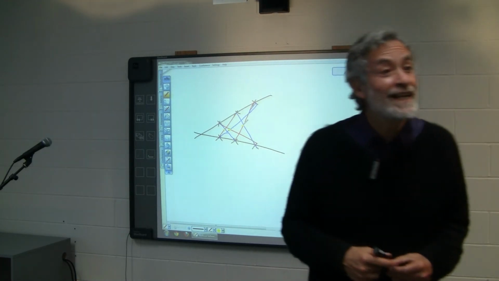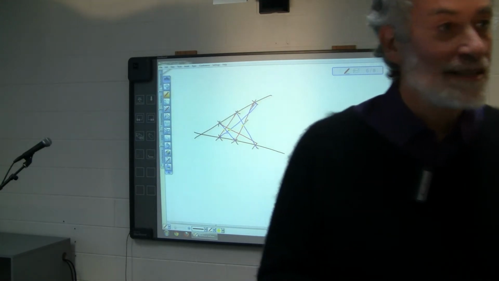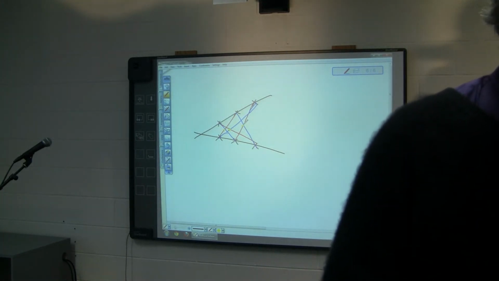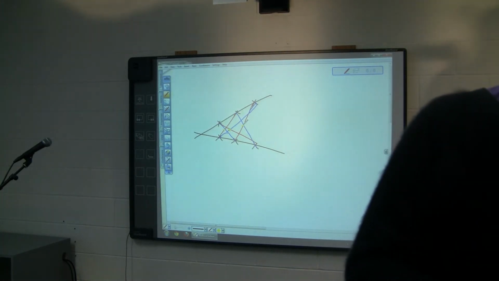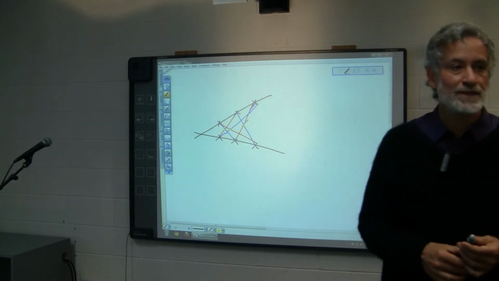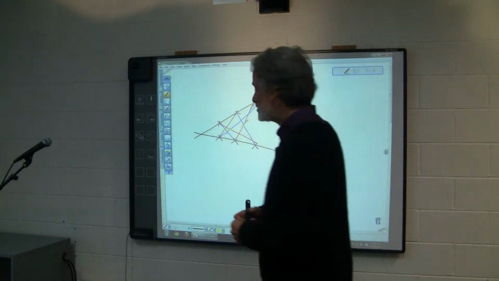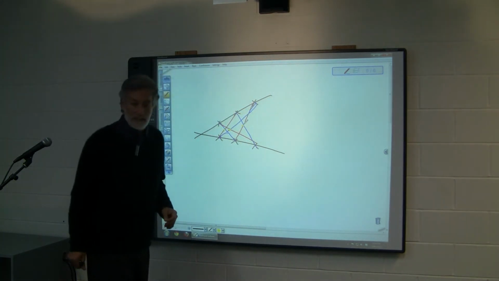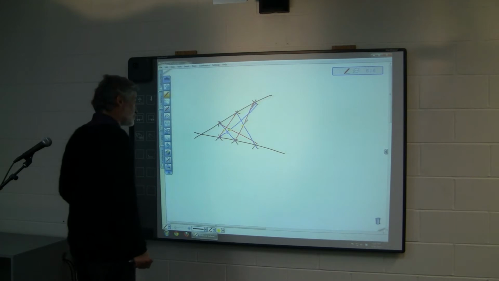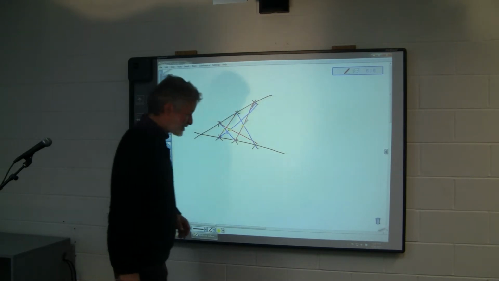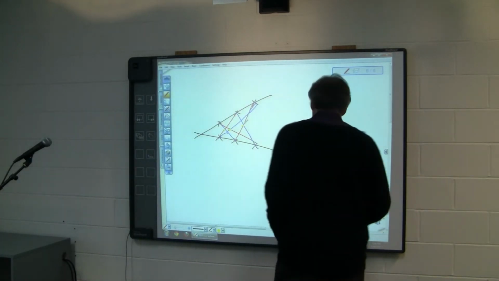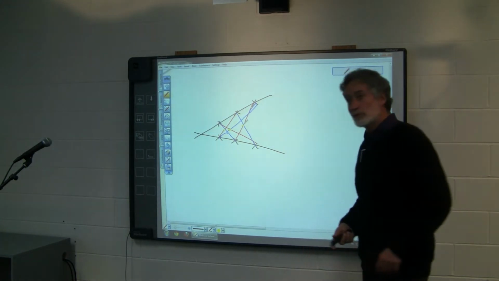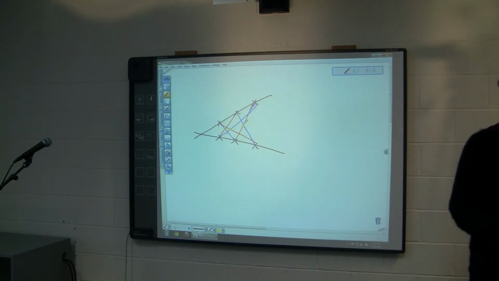Yes, a hexagon inscribed in a conic has this property. So all of these are theorems in algebraic geometry, and they all come down to results about residues.